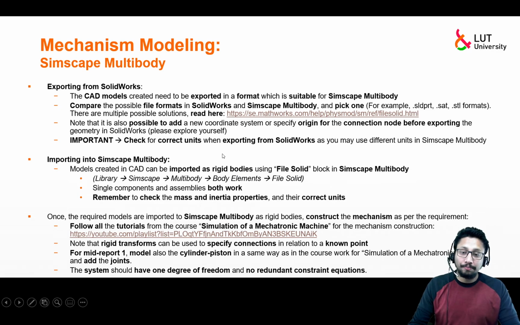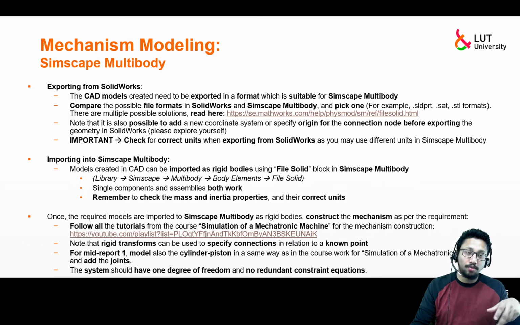Note that you can use rigid transforms to specify connections with respect to a known point. As I already told you, if your origin is not correctly placed, you can use a rigid transform to define separate points, so that you can use those points further in the mechanism, but that will make your life difficult.